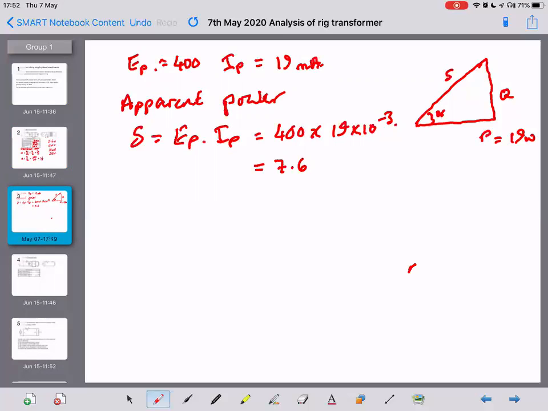What are the units of apparent power? VA. Yeah, VA.